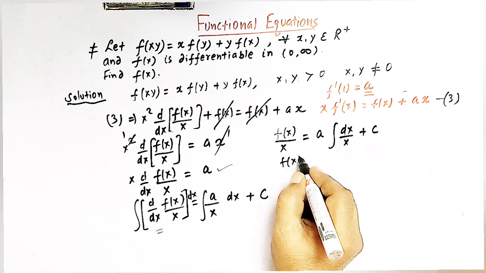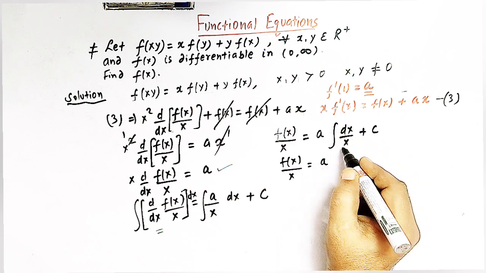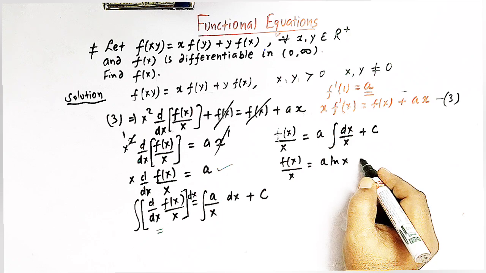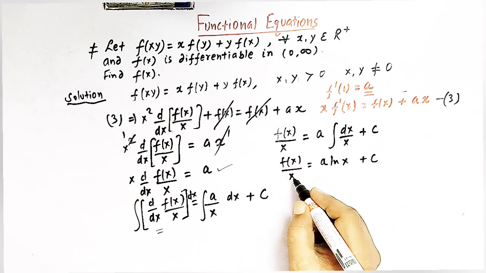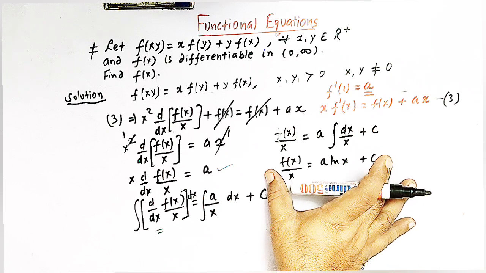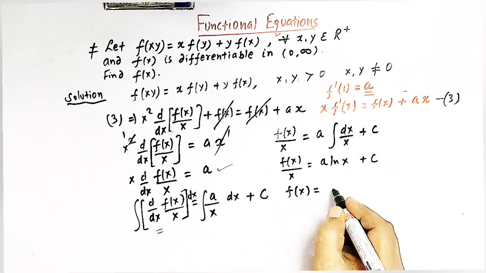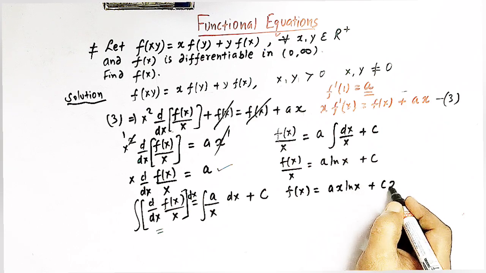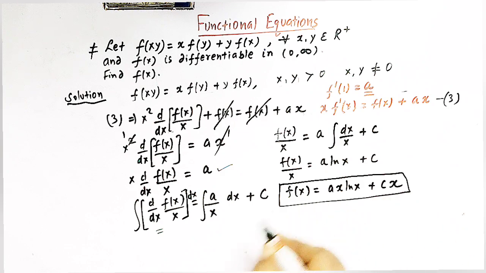So now we can write f of x over x is equal to a, and this is equal to the logarithm of x, plus c, the constant of integration. So now let us multiply both sides by x. So we have f of x is equal to ax log of x plus cx, right? So this is our function f of x.